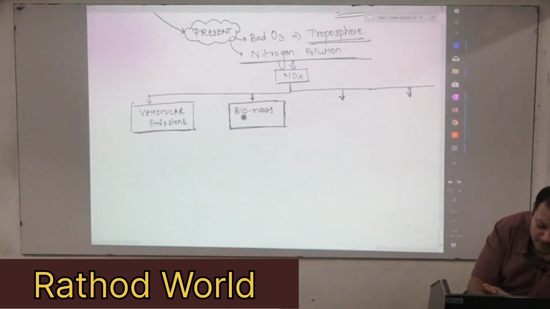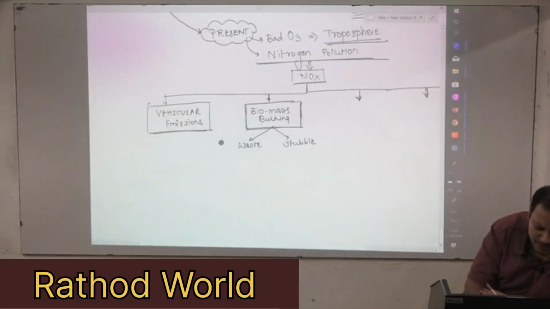Remember, biomass burning can be in the form of waste burning or stubble burning. It can be any kind of biomass. It can be waste, it can be stubble burning, or it can be forest fires, like the Amazon forest fires. It can be anything.